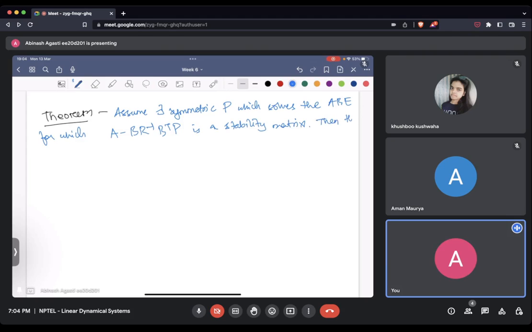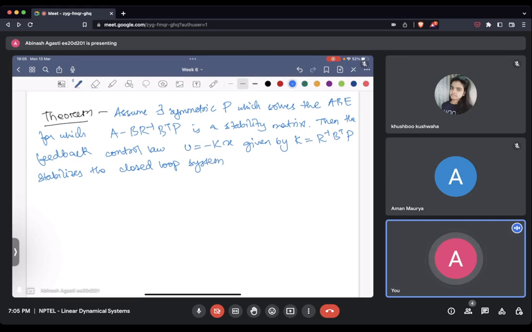Then the feedback control law u equal to minus Kx, given by K equal to R inverse B transpose P, stabilizes the closed loop system while minimizing the LQR objective J equal to integral from 0 to infinity of y transpose Qy plus u transpose Ru dt.